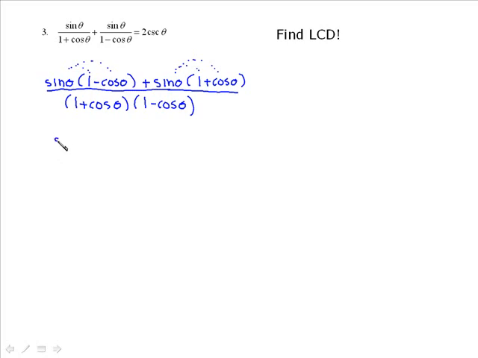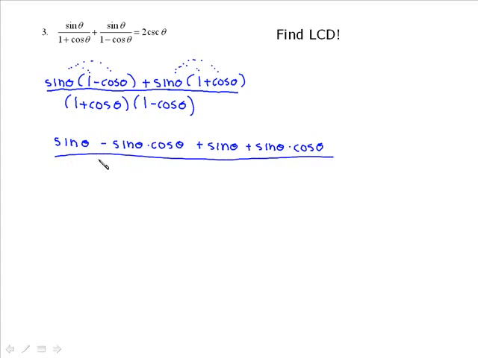Rather, just multiply the sine into the first binomial, so that's sine theta minus sine theta times cosine theta, and then plus sine theta plus sine theta cos theta, over 1 plus cos theta times 1 minus cos theta.